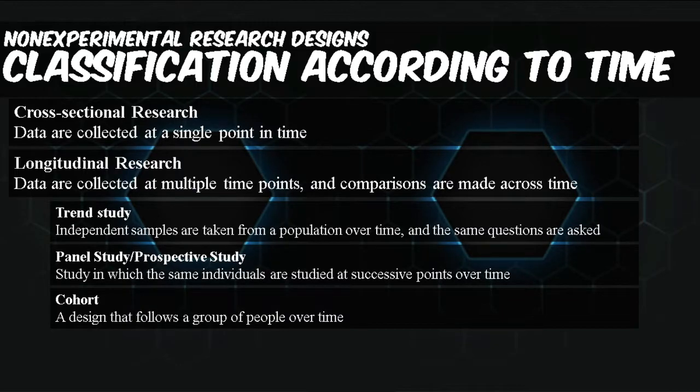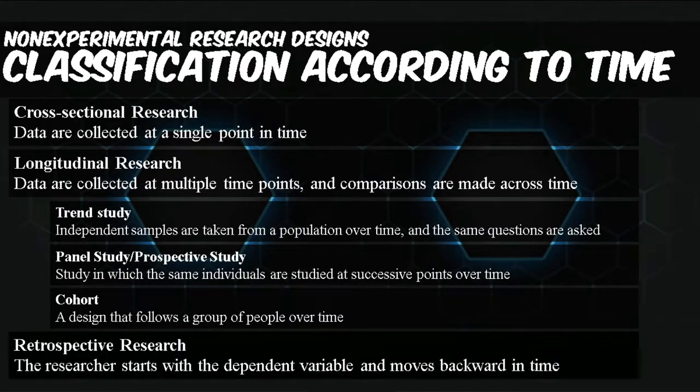And then you also follow them after they graduate: how many of them actually graduate from the program, and how many of them get employed after graduating. So that is an example of a cohort study. You are following a single group of people and then measuring some variables or experiences.